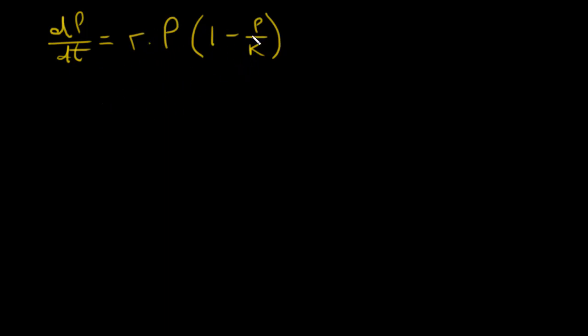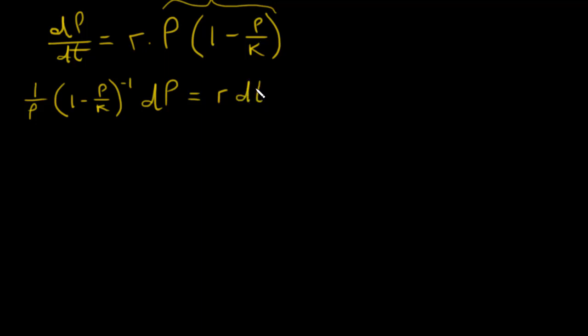So I divide both sides by this piece right here, and I wind up with 1 over [P times (1 minus P over K)] dP equals r dt.